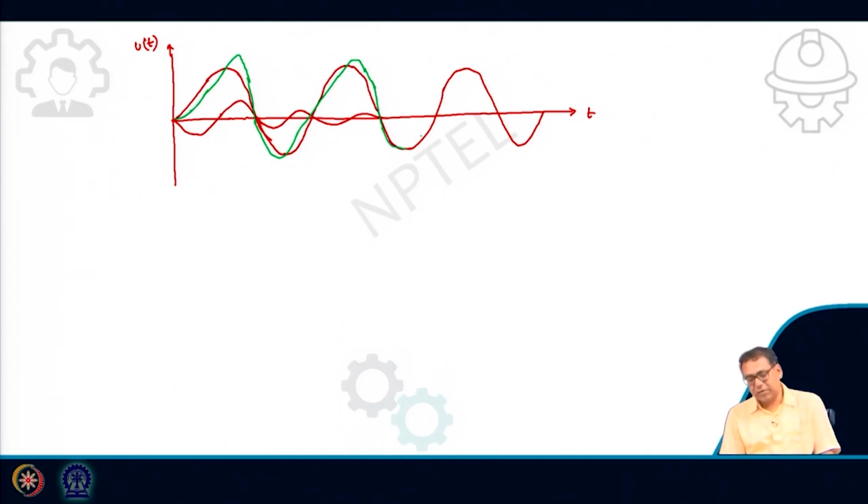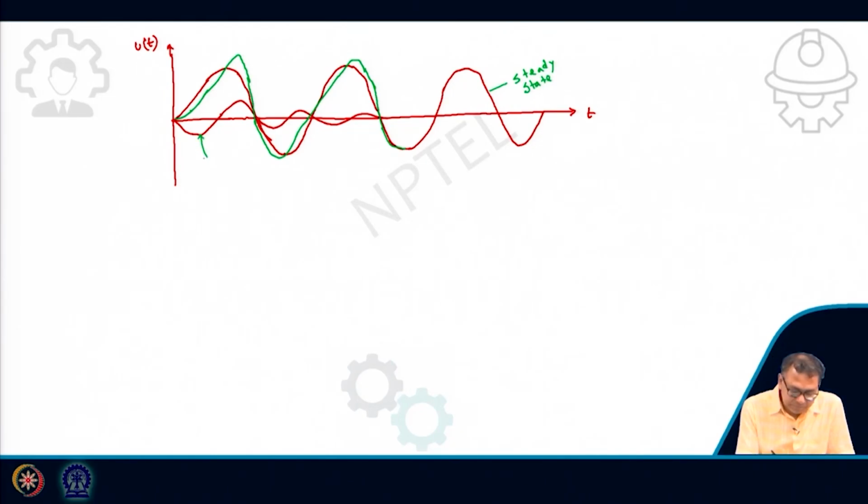Like this, it will finish out. Clear? So I can write, this is my steady state response, and then this is the transient, and this one is the total.